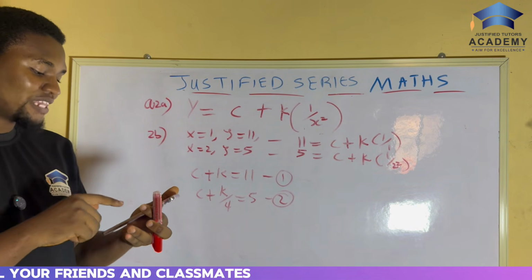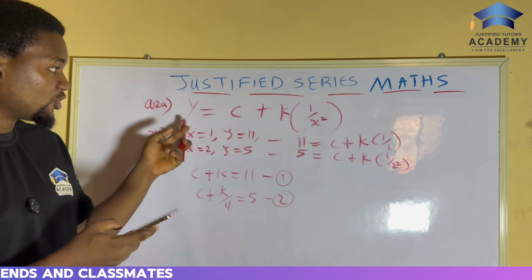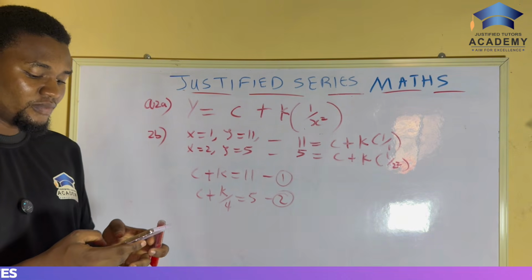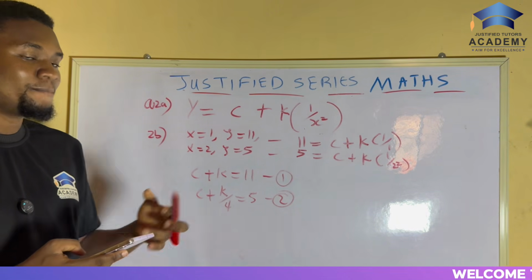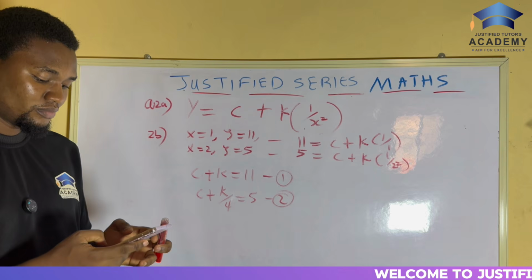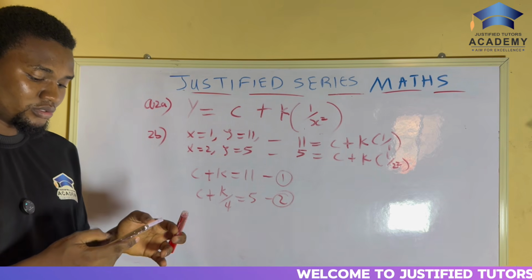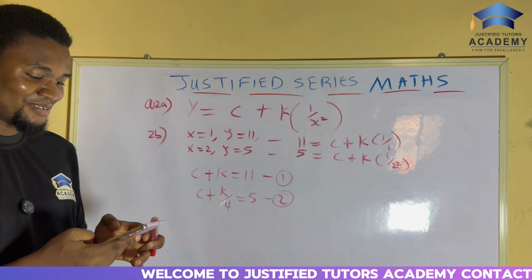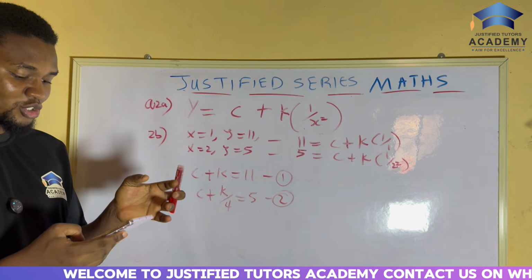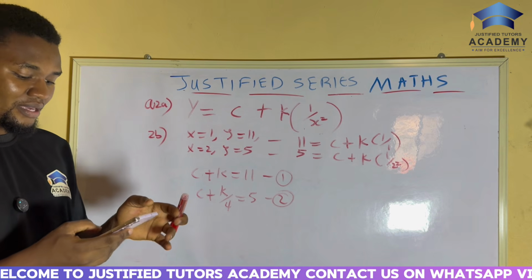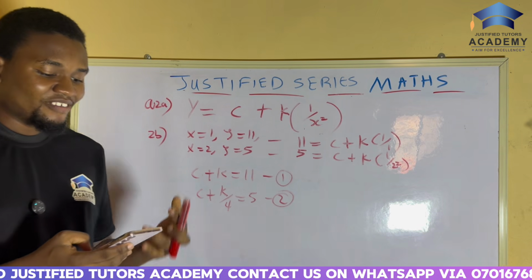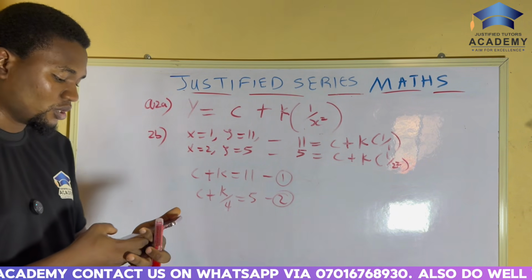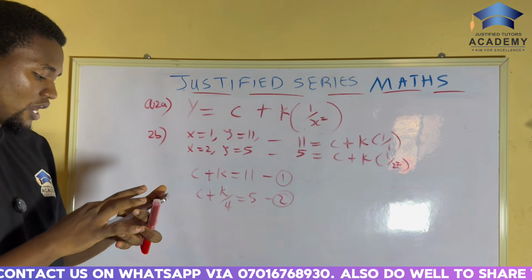Yes, we have 4 types of variation: direct variation, indirect variation, partial variation, and joint variation. Are you together?